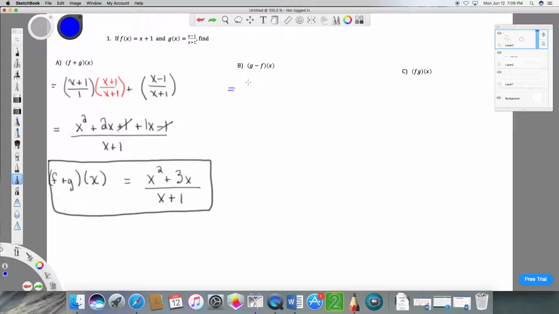G is this function, x minus 1 over x plus 1. And I'm subtracting this function f, which is x plus 1 over 1. I'm going to multiply that by the number 1, but I'm going to write 1 as x plus 1 over x plus 1.